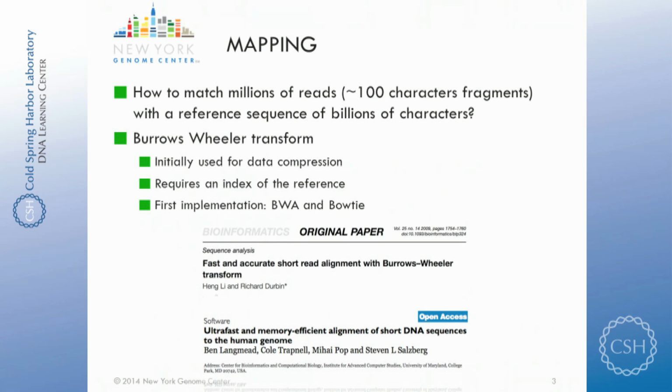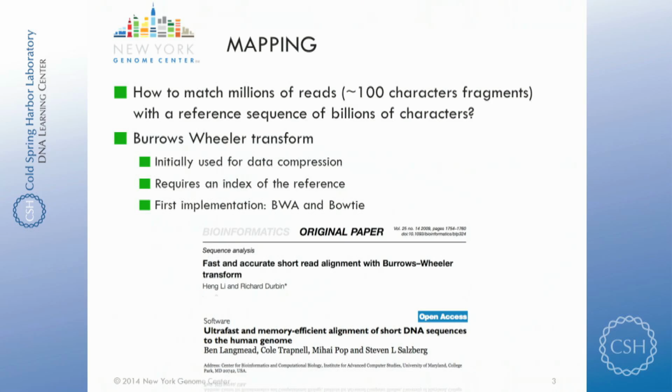The way that was proposed, mostly by Heng Li and Richard Durbin in that paper, but also by the group of Steven Salzberg, is to use this thing called the Burrows-Wheeler transformation that was proposed in the field of data compression. I'm not going to describe in detail this transformation or even this algorithm, but what you need to know is that it requires an index.